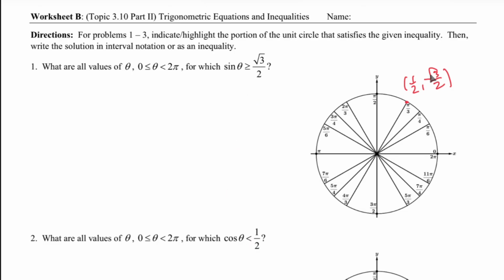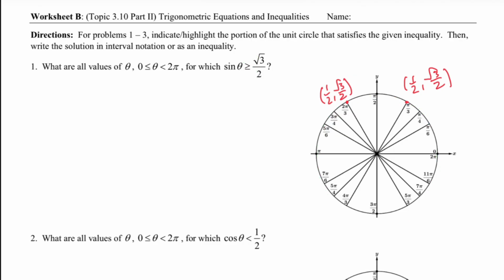But I did forget one thing, that there are two values where sine is equal to square root of 3 over 2. It would also be over here, because quadrant 2 is also positive. So we have that. And now with these two, it's either here or here. Which way would fit the greater than or equal to sign?